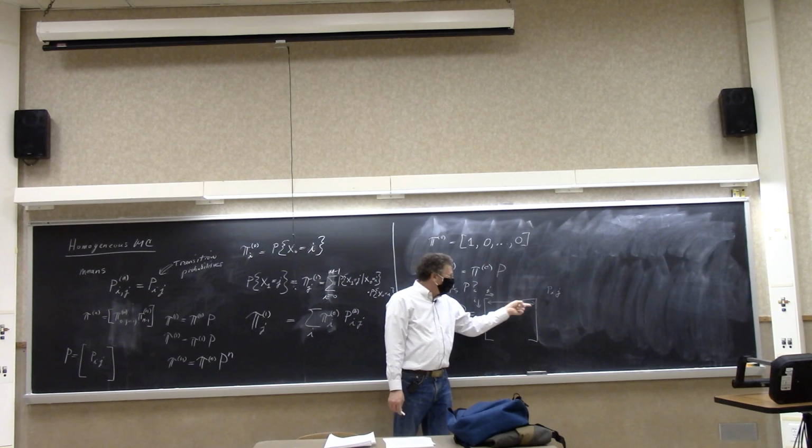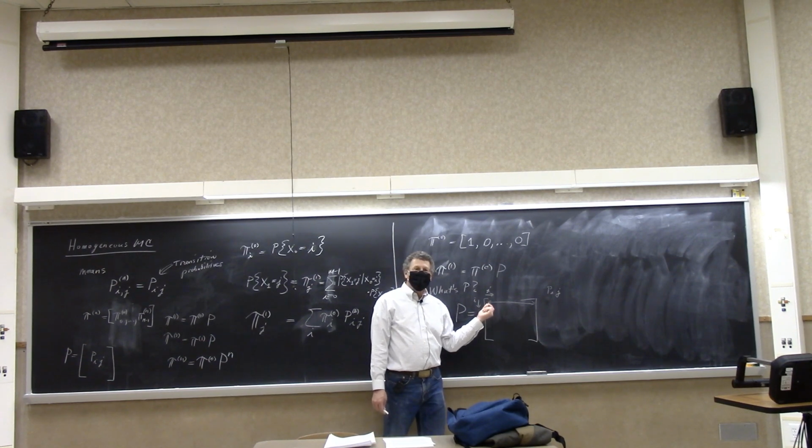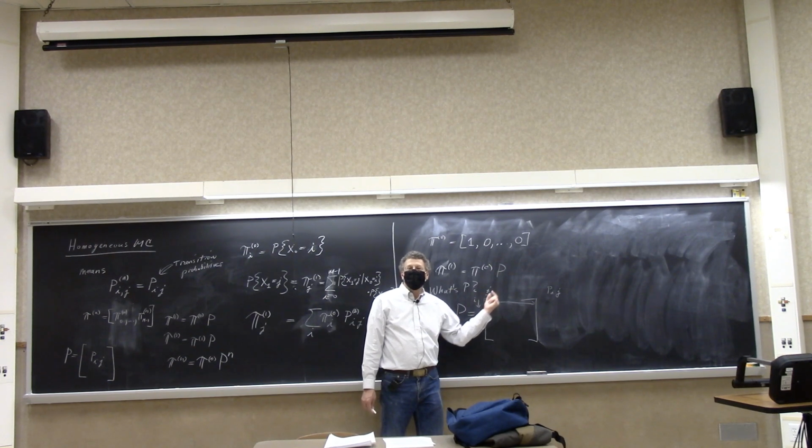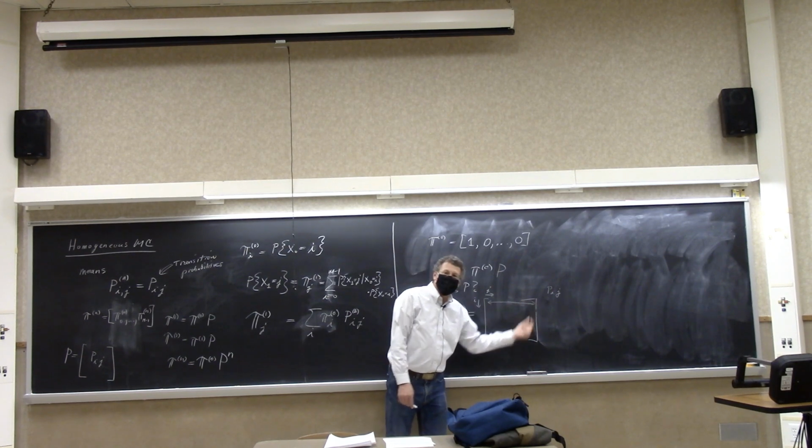What does this row represent? The probability that it'll transition into state j from state 0. Yes. So this represents the probability that you started in state 0 and that you go to some other state, right? So what can you tell me about the numbers along this row?